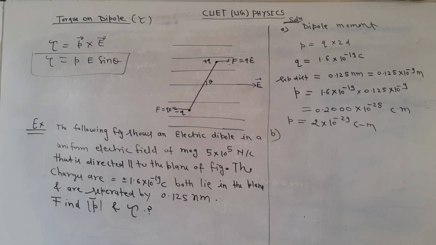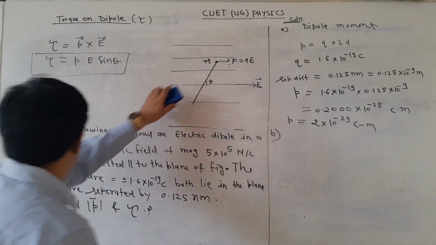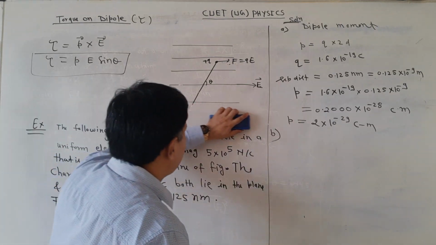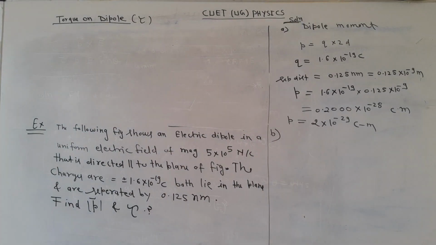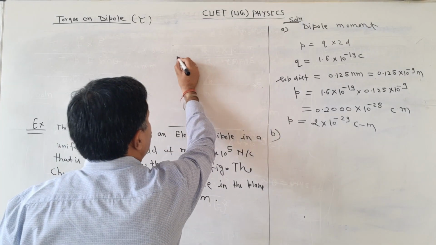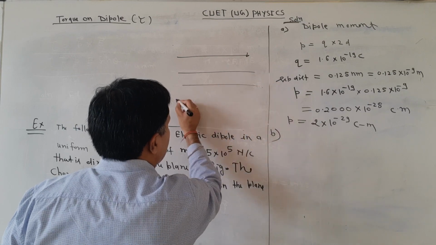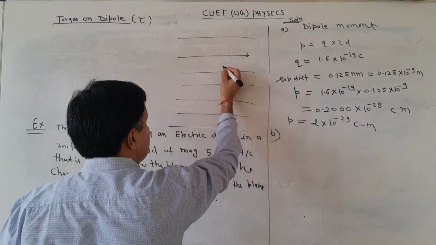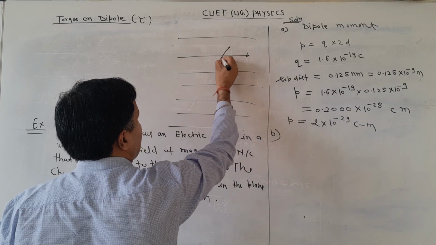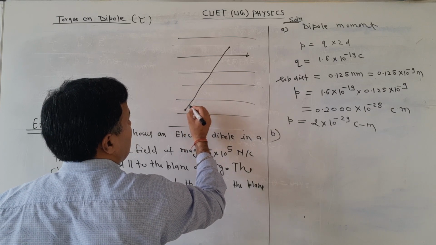Now the next part is the torque on the dipole. We have to calculate the magnitude of the torque. Let me draw the figure corresponding to this problem. We have a uniform electric field and the dipole placed in it.